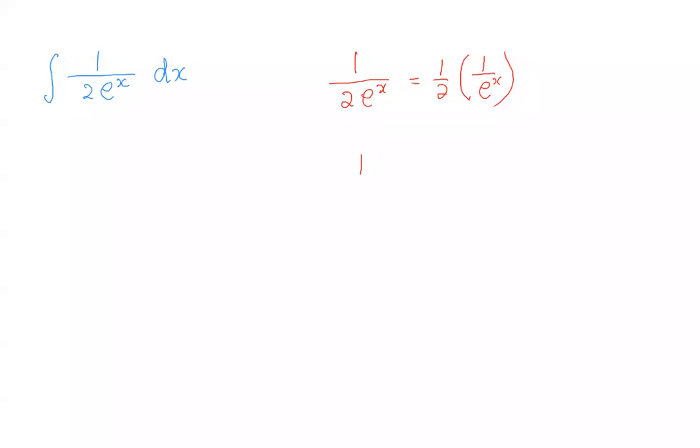If you read it like this, if you straight away bring the whole thing up, it will be 2e to the power of x, the whole thing to the power -1. So for this one, you integrate, you can't use this rule.